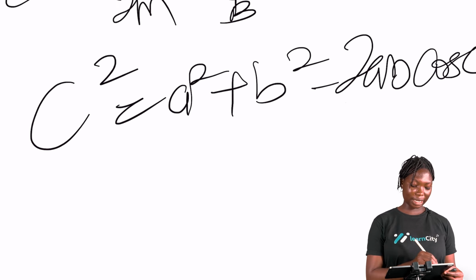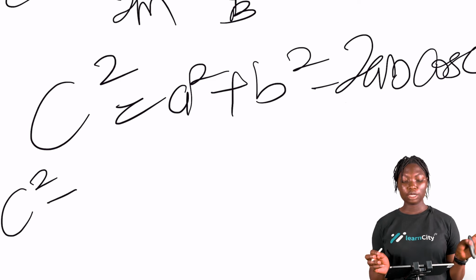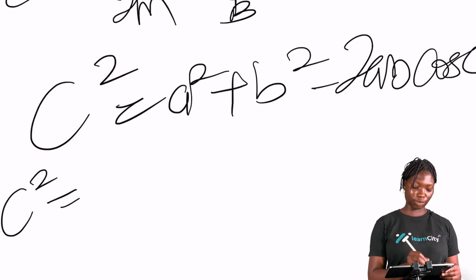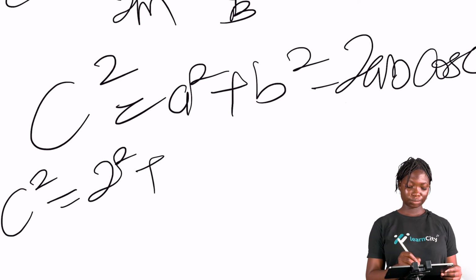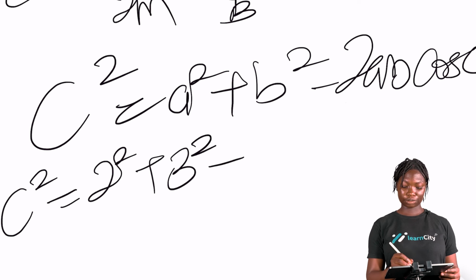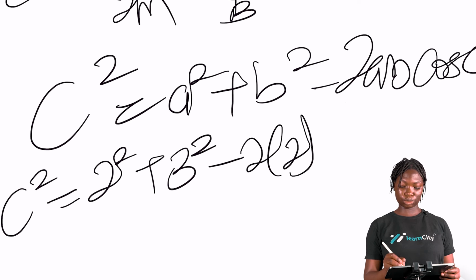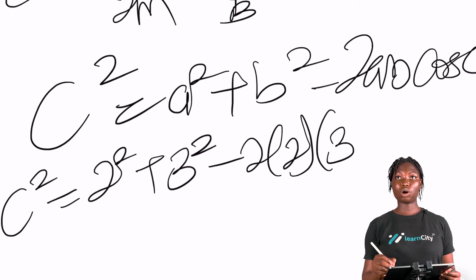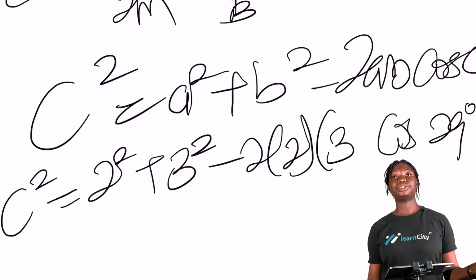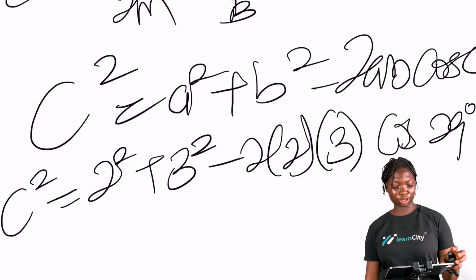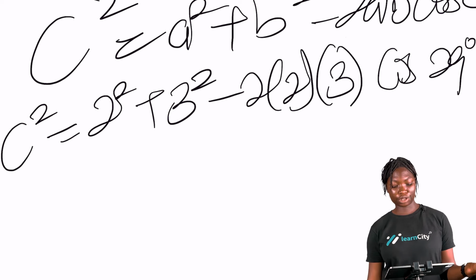So here we have our C squared to be 2 squared plus 3 squared minus 2 into brackets 2 into brackets 3 cos 29 degrees. So 2 squared is 4, 3 squared is 9.